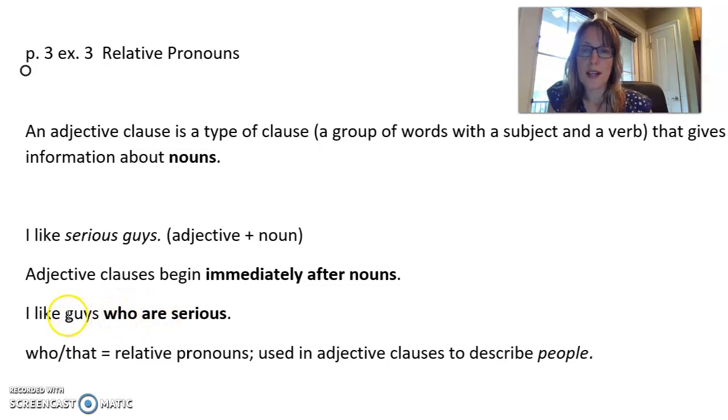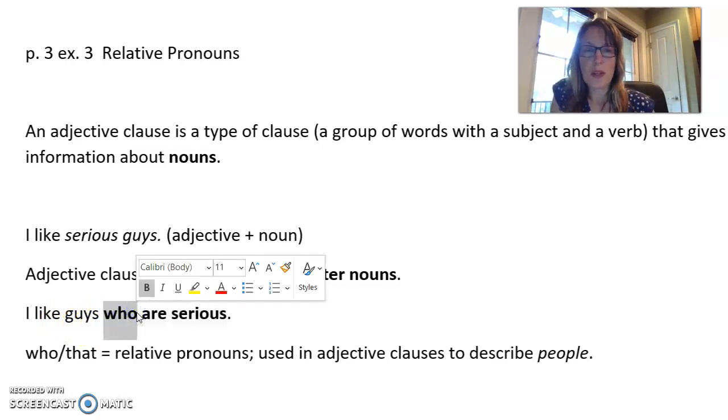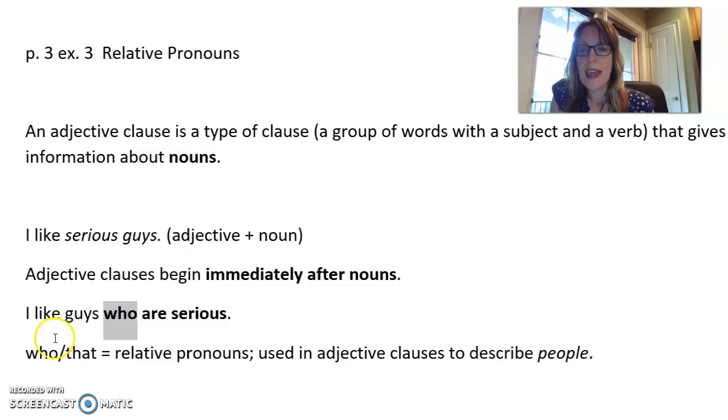So we are talking about guys, okay? We are describing guys who are serious. Remember, the adjective clause refers to the noun in front of it. Now this particular noun is a person, a guy is a person. So that means that our relative pronoun, when we are talking about people, can be either who or that when the relative pronoun is the subject of the clause.